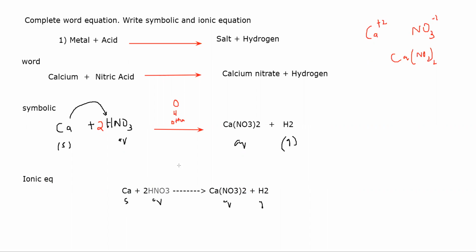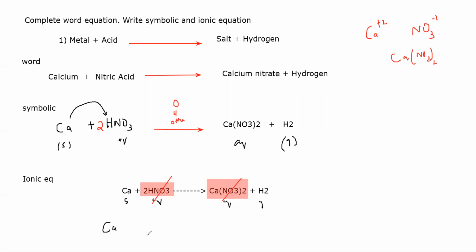So highlight the substance which is aqueous, and cancel the common ions. So nitrate ions are common, so we cancel out nitrate. What we are left with is called the ionic equation.